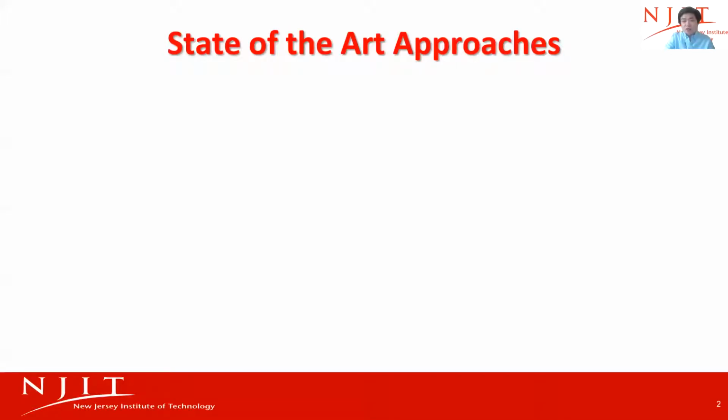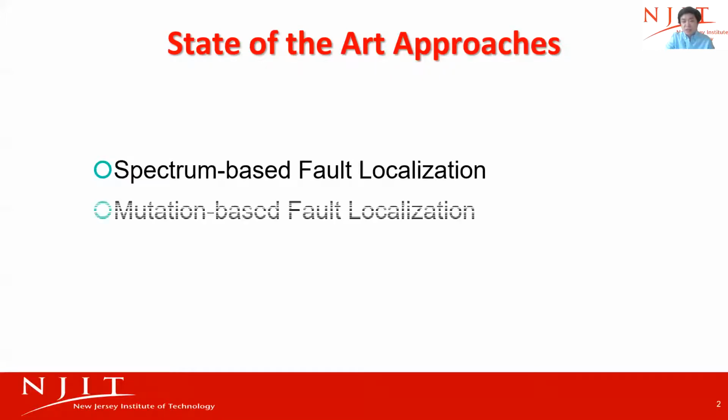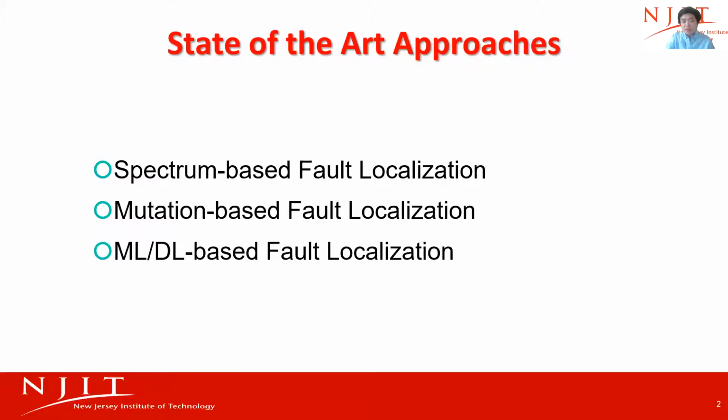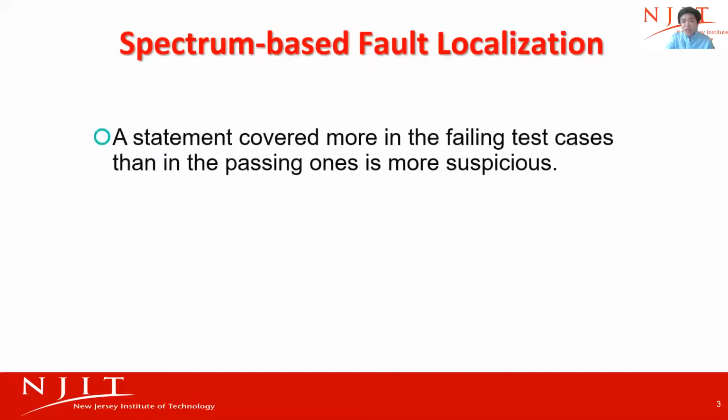There are many state-of-the-art fault localization approaches. They all belong to three main types: spectrum-based fault localization, mutation-based fault localization, and machine learning or deep learning-based fault localization. Spectrum-based approaches often directly use a formula to calculate a score based on the code coverage matrix.